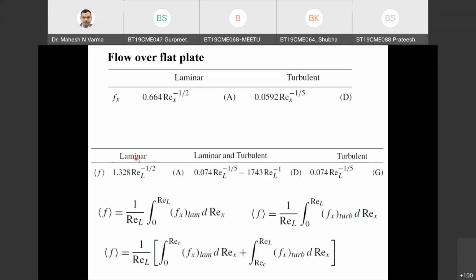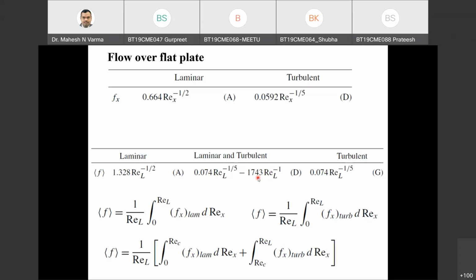This is true if my Reynolds number is less than 500,000. I can use this if my Reynolds number is greater than 10 raised to 8. If my Reynolds number is between 10 raised to 5 and 10 raised to 8, I can use this. Now using Chilton-Colburn analogy, I can get the average value of Nusselt number, average value of Sherwood number.